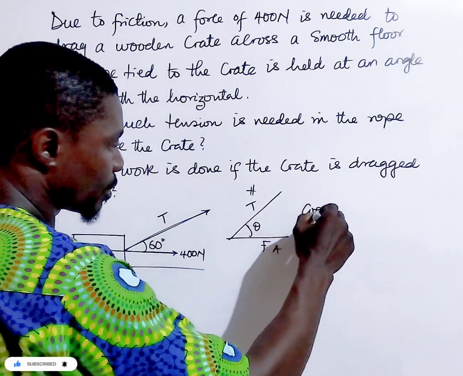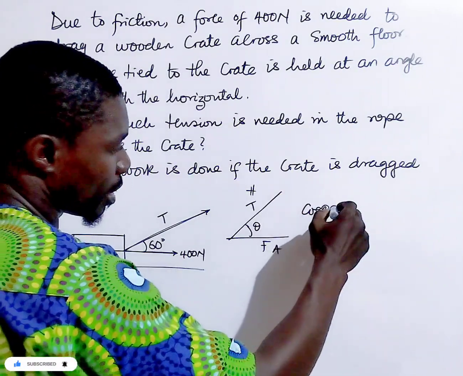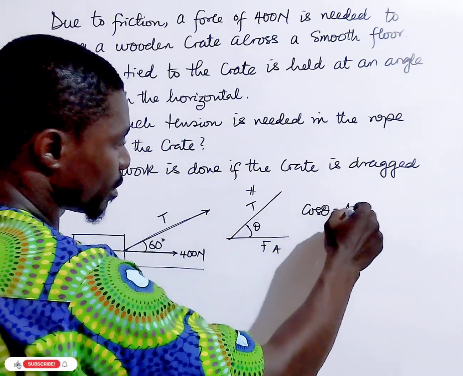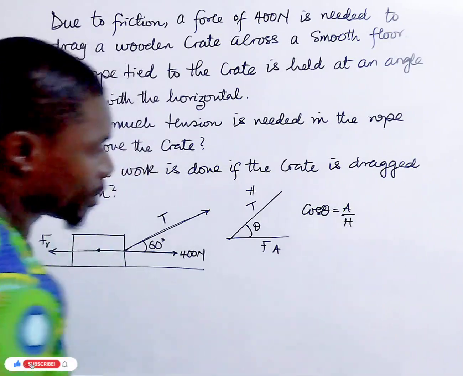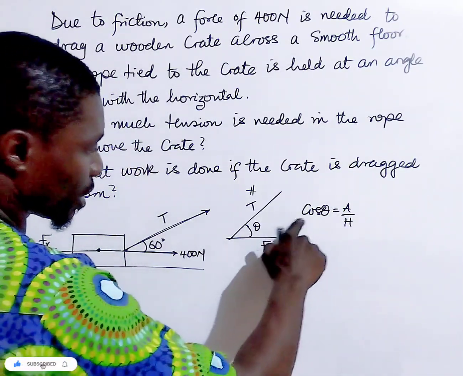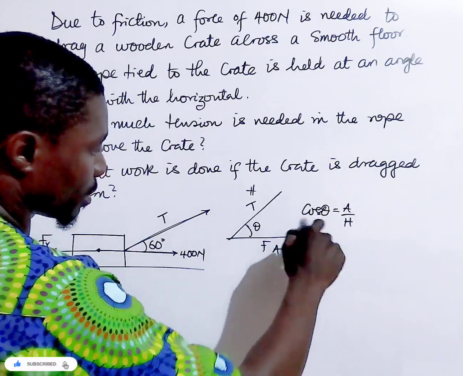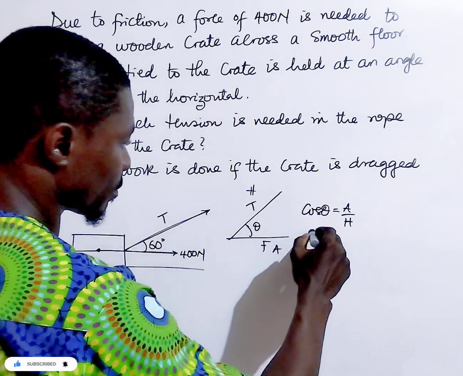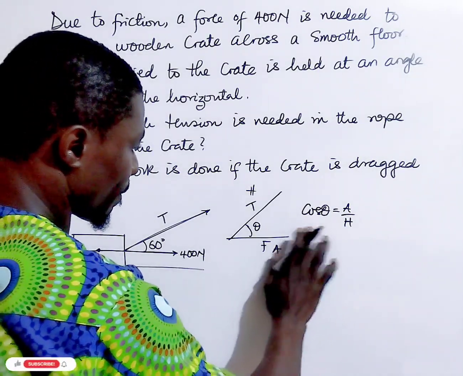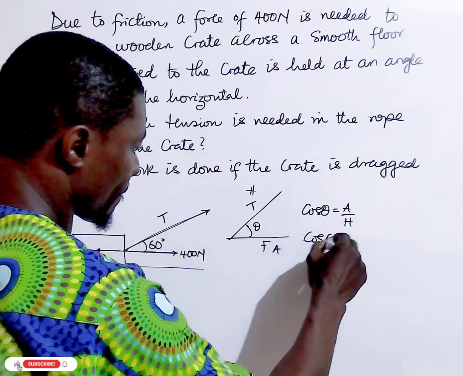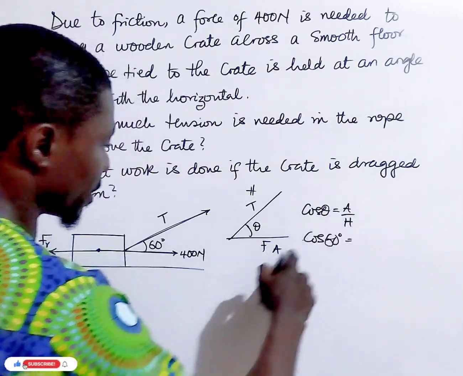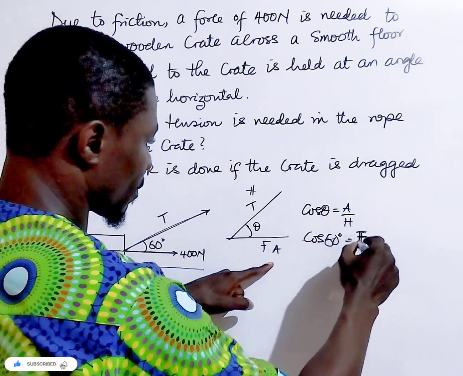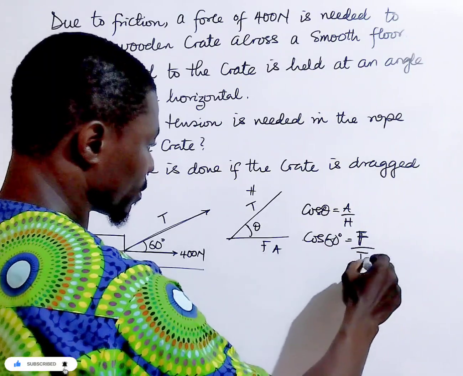So here you have cos theta equals adjacent over hypotenuse. So to this end, theta is 60, the adjacent is the force, and the hypotenuse is the tension.